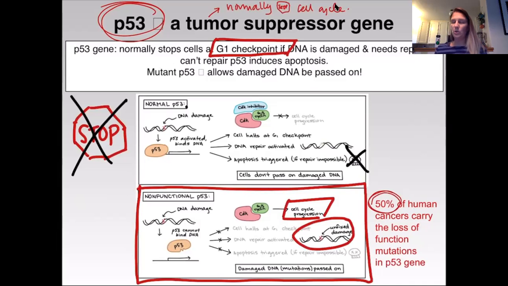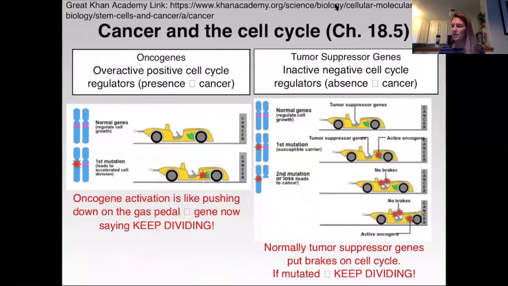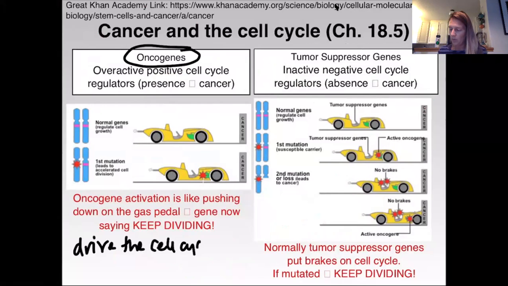Those are the only two I wanted to tell you about. I was going to not have you know them, but I actually think they're really, really important, and students really find them quite interesting. As a reminder, I'm not going to get crazy testing you on these. We have oncogenes, which drive the cell cycle when they're mutated.